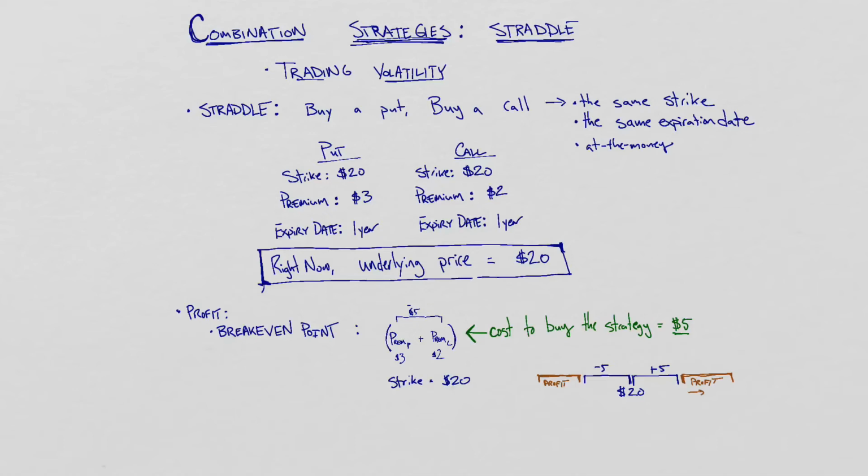The reason why this works is that one of these options will be very profitable. Let's say that the stock price goes to $27, then this call that we bought is in the money. It will have produced plenty of profit. In fact, here it's just $7, and we can see it's a $2 profit because we subtract out the $5 cost of both of these options.